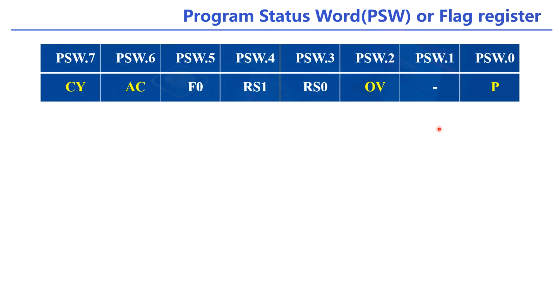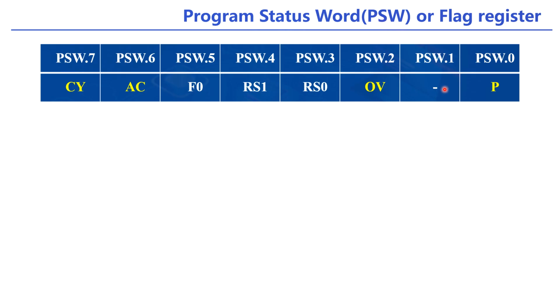We can represent it in this way: PSW.0, PSW.1, PSW.2, PSW.3, PSW.4, PSW.5, PSW.6, PSW.7. This is basically bit addressable. This is the parity bit. The parity bit is fixed here in PSW.0.